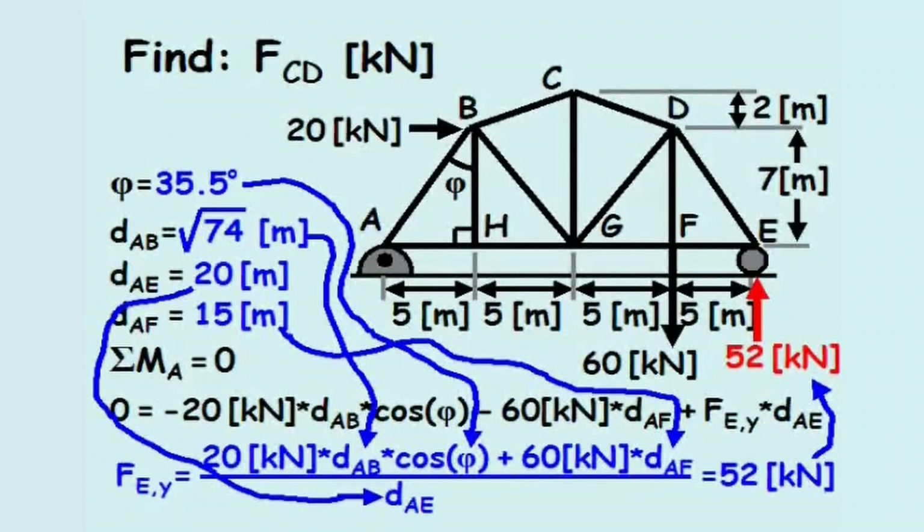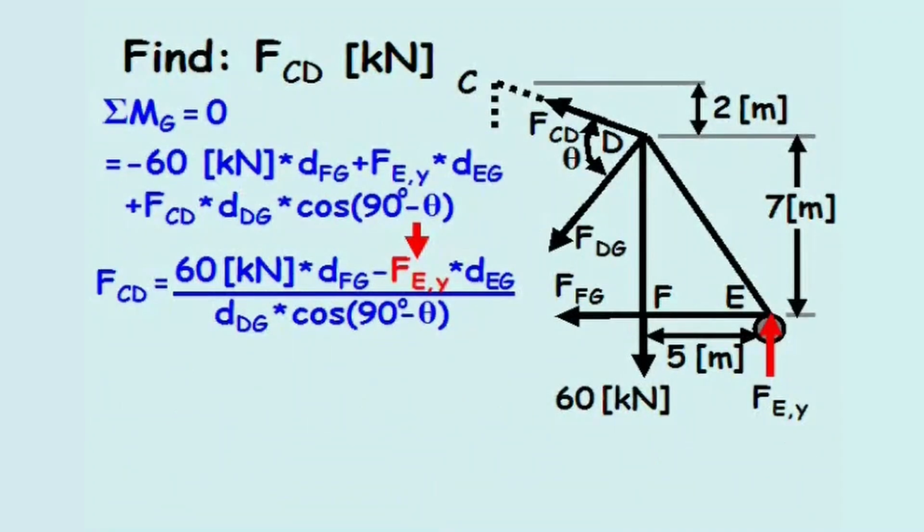Returning to the section we cut earlier, we can plug in the value of 52 kilonewtons for the vertical reaction at joint E. The other two unknown variables needed to solve for the force in member CD are the length of member DG and the angle theta.